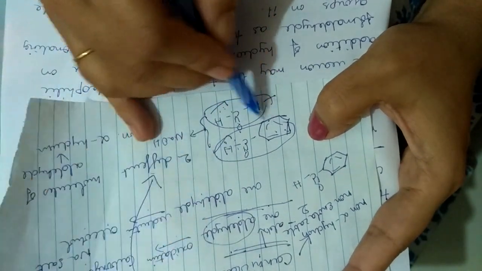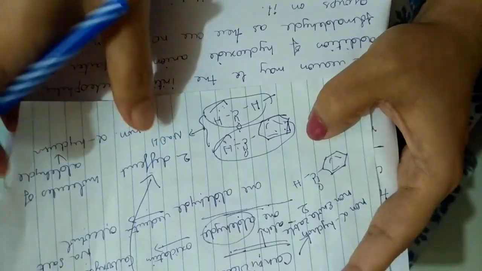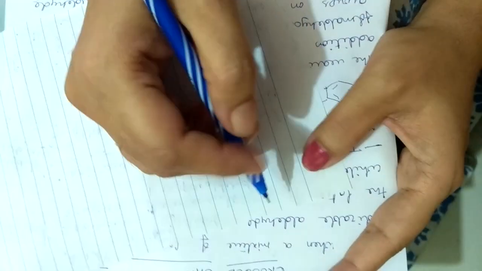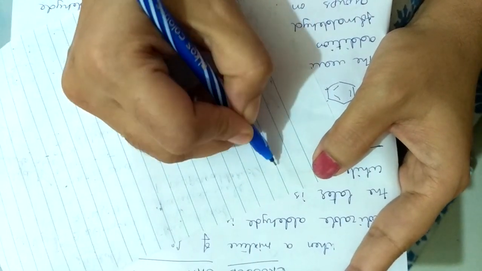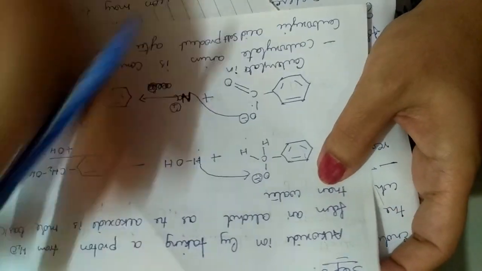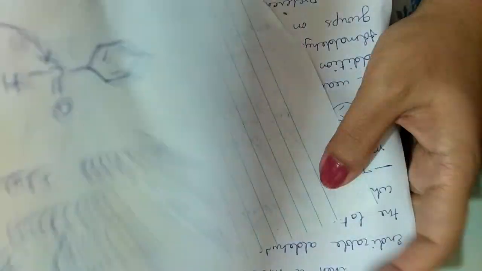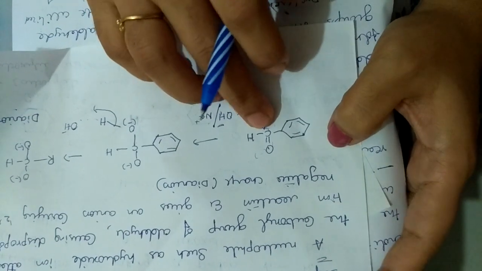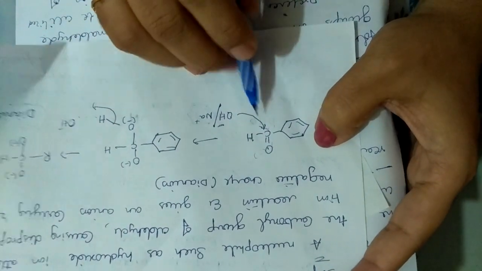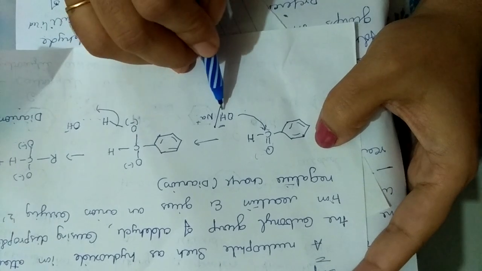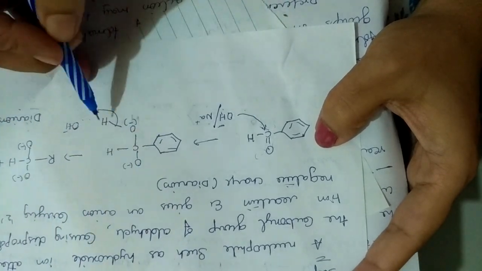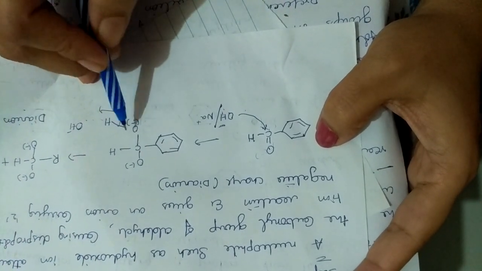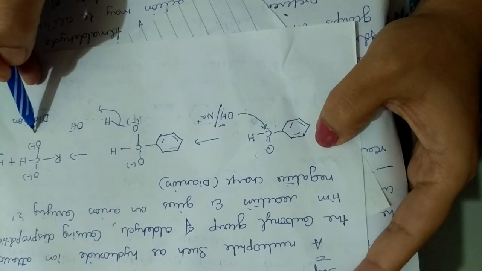Generally, when we have taken formaldehyde and benzaldehyde, it is the one which is reacting with the base. In yesterday's Cannizzaro reaction, the one which reacts with the base adds an O molecule, that is oxygen, and forms a dianion.